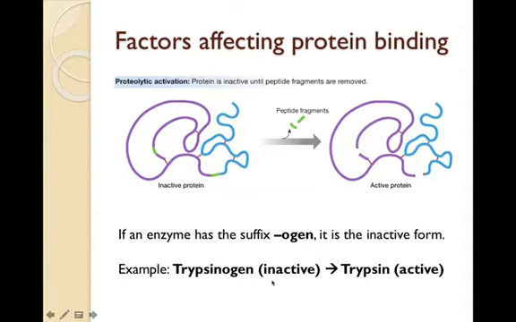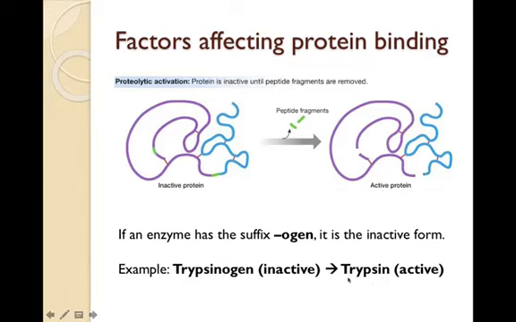It's produced in the pancreas, and when it's released, it goes from the pancreas into the small intestine. And the small intestine has a layer of mucus that lines it, so that once it's in the small intestine, it doesn't interact with the cells of the small intestine because the mucus protects it. So once it's in the small intestine, that's when trypsinogen can actually be activated into trypsin to start breaking down proteins.